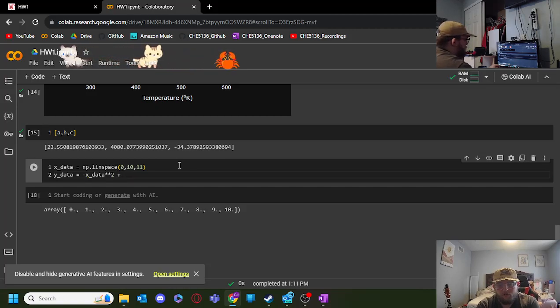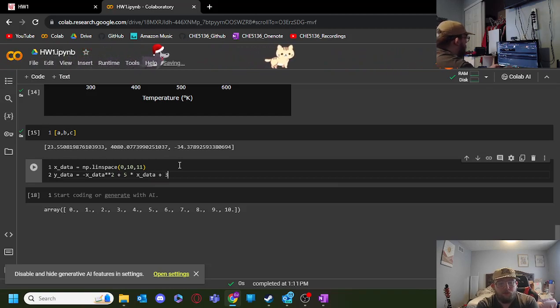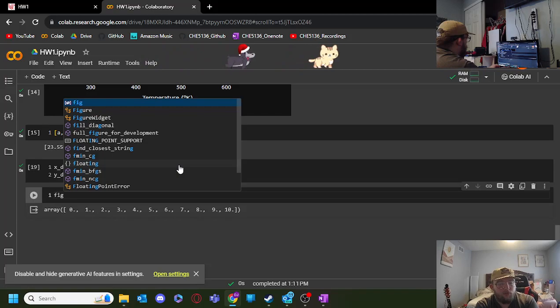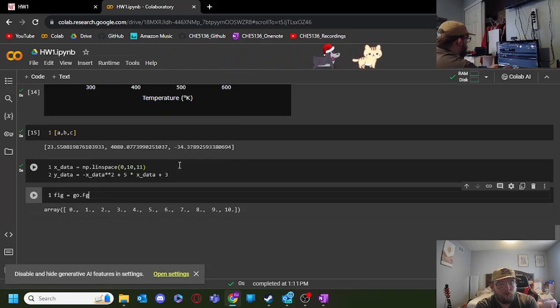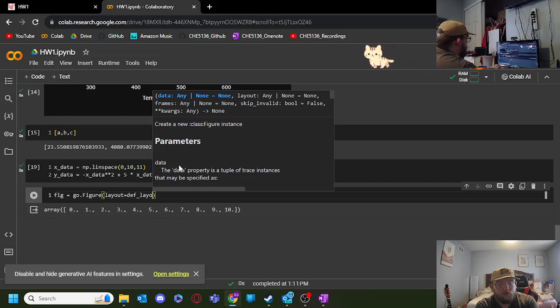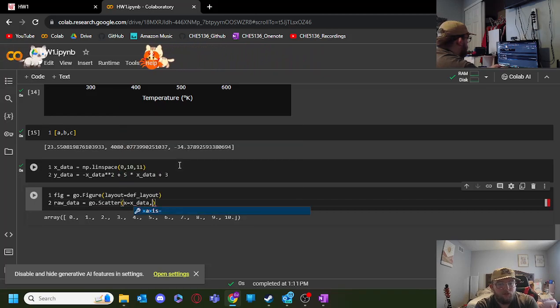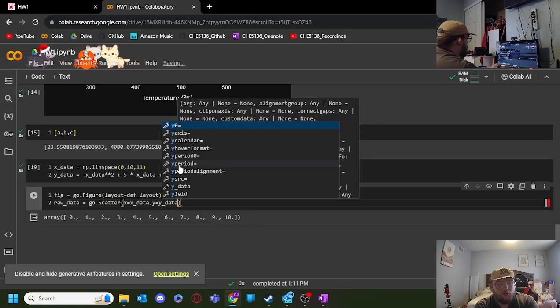And let's add 5 times x data, and let's go up by 3. So if you do fig equals go.Figure, layout default layout, raw data equals go.Scatter, x equals x data, y equals y data.